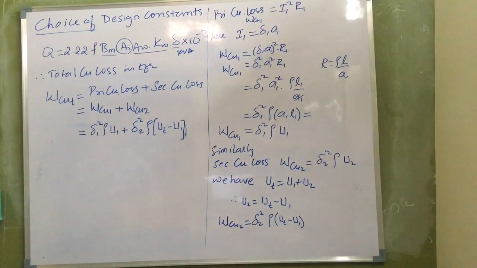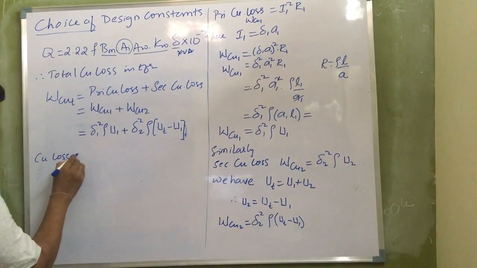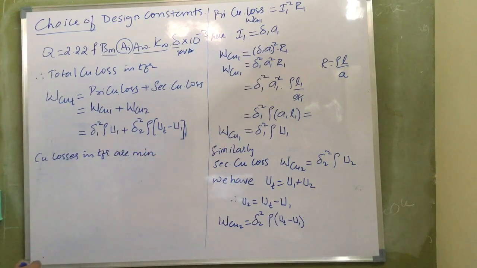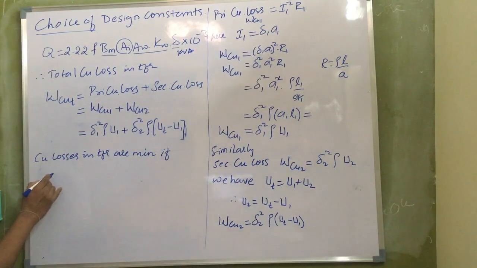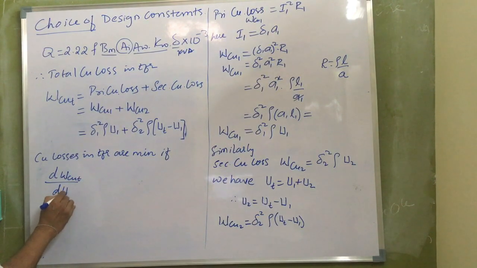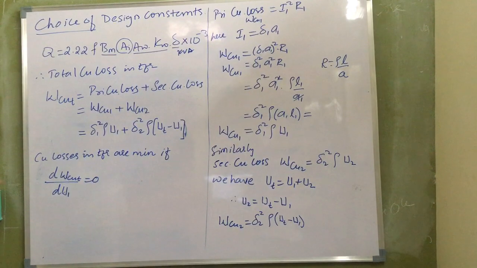So copper losses in transformer are minimum if dCUT by dU1 is equal to 0. If differentiation of total copper losses with respect to the volume of the conductor is 0, then I will get the minimum copper losses.